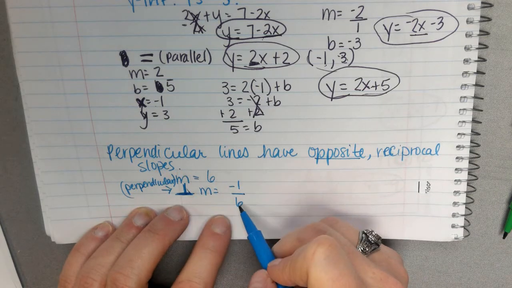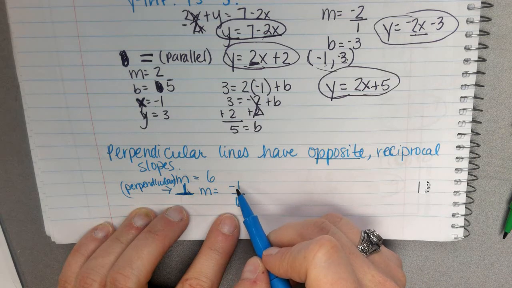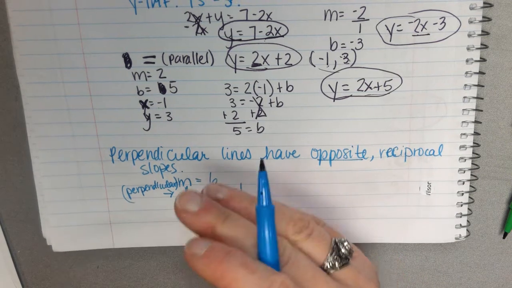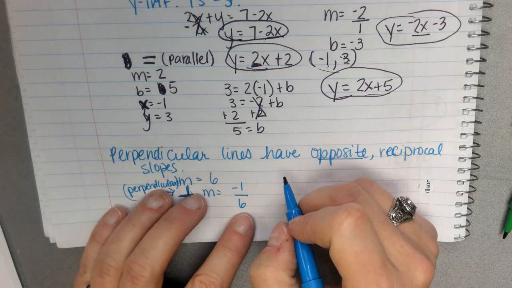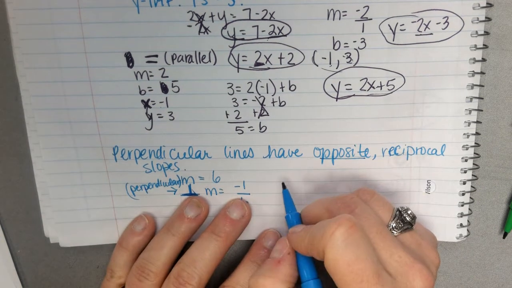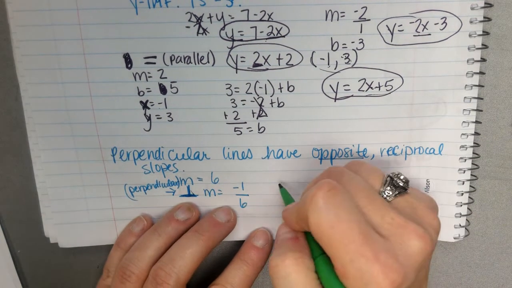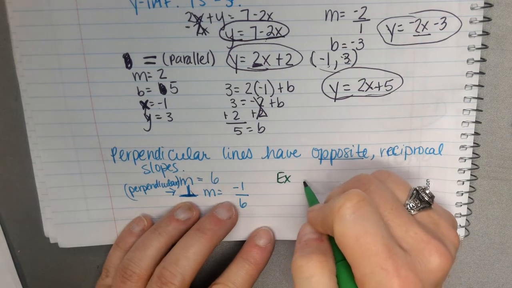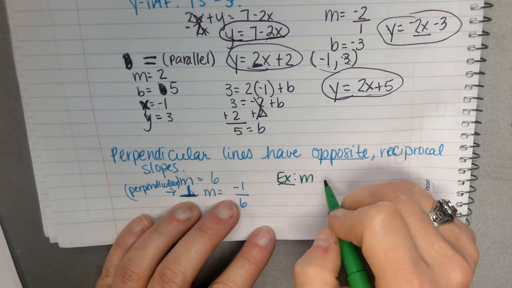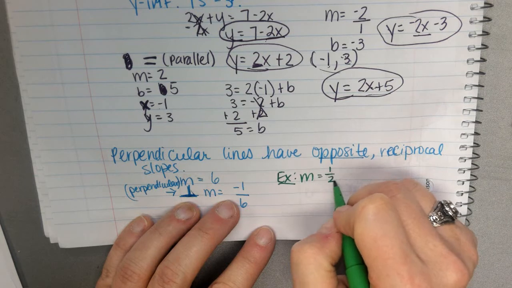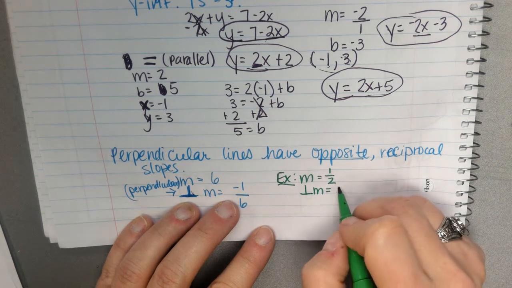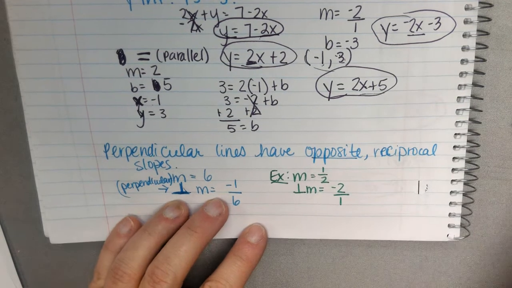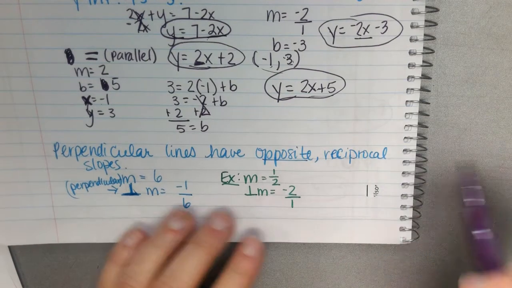So we are putting a -1 on top. It's like the whole thing flipped. It's a fraction flipped with a negative sign. And if it was negative, it will be positive. So here, another example, if your original slope is 1/2, then your perpendicular slope is -2/1.